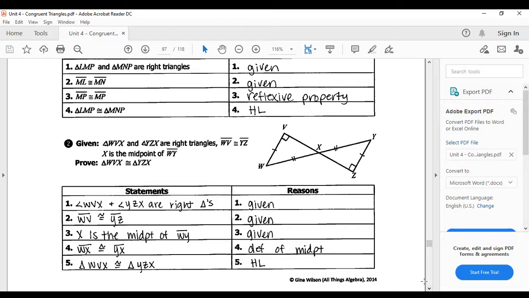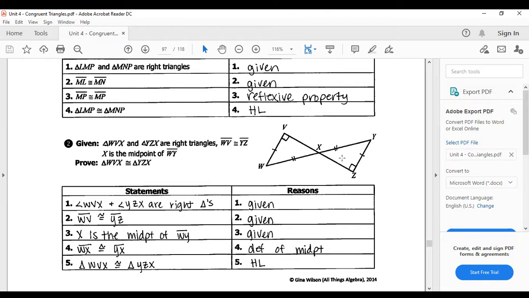With this triangle here, it tells me that WVX and YZX are right triangles. Then it tells me that WV is congruent to YZ, so that's a leg right there. It also says X is the midpoint of WY.